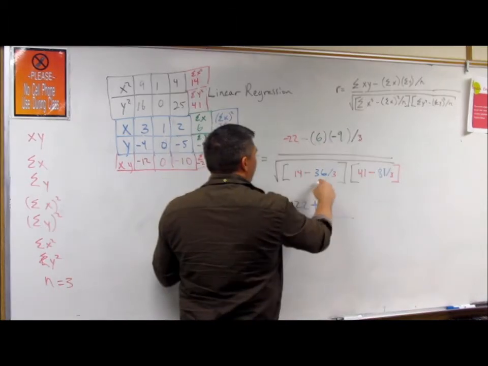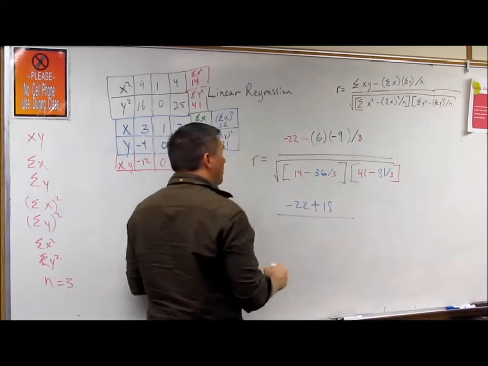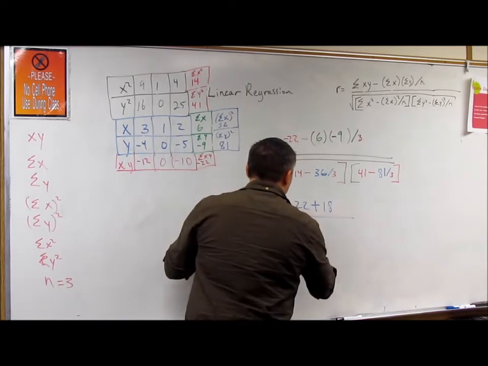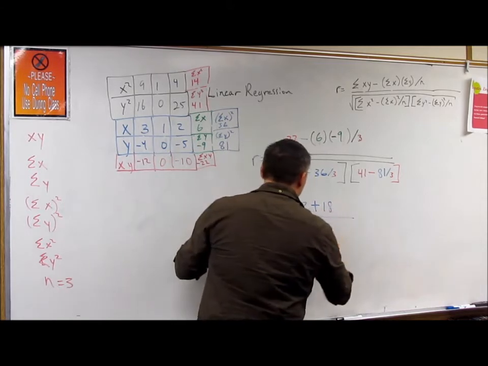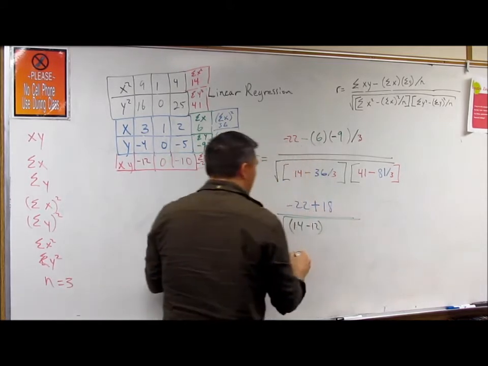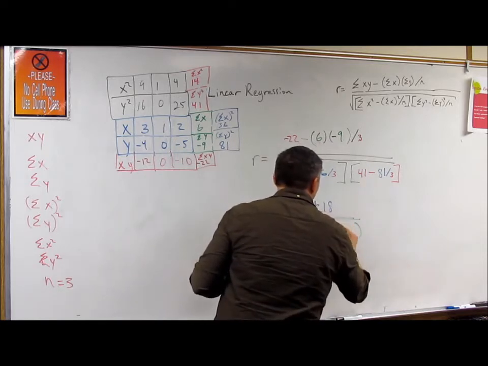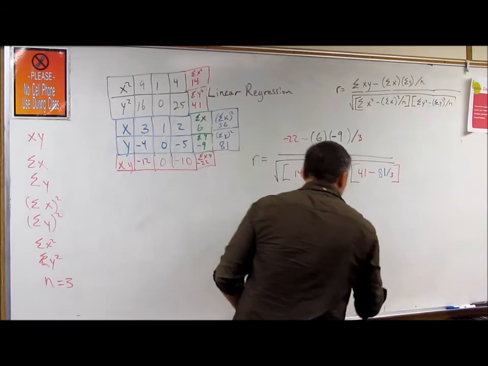Okay, so now I have 36 divided by 3, which is 12, okay? So then I have 14 minus 12 times, and this is all under the square root sign, times the quantity of 41 minus 81 divided by 3, or 27 in this case, right?